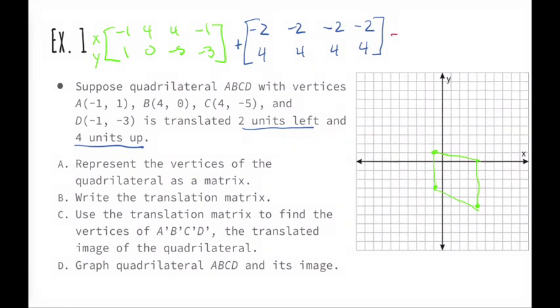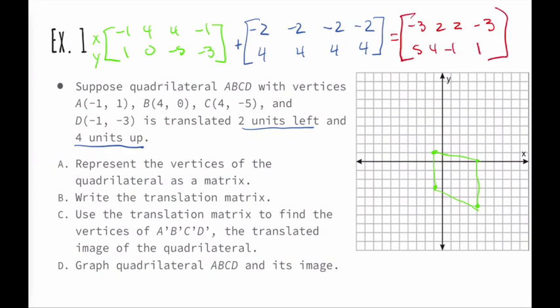So add these two together, and so -3, 2, 2, -3, and 5, 4, -1, 1. Add these two matrices together, and that should give us the coordinates of the image.